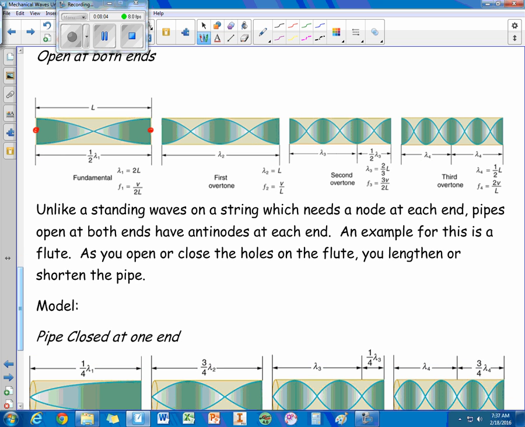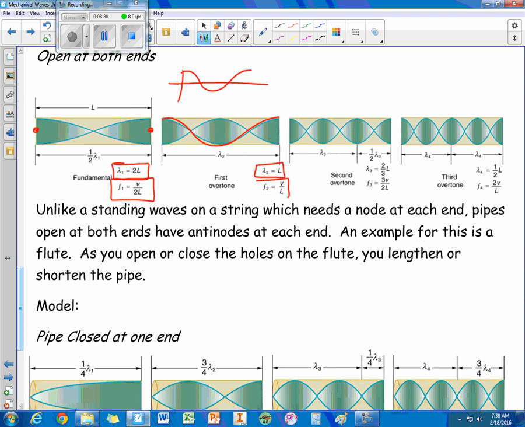You know, for this first fundamental, the length of our pipe is L, and we kind of get half of a wavelength here. So one wavelength equals 2L. So the fundamental frequency is just V divided by 2L. For the first overtone, or the second harmonic, whatever you want to call it, here we do get a complete wavelength. It's a little hard to see, but for this one, this wavelength, that would be one complete wavelength as well.